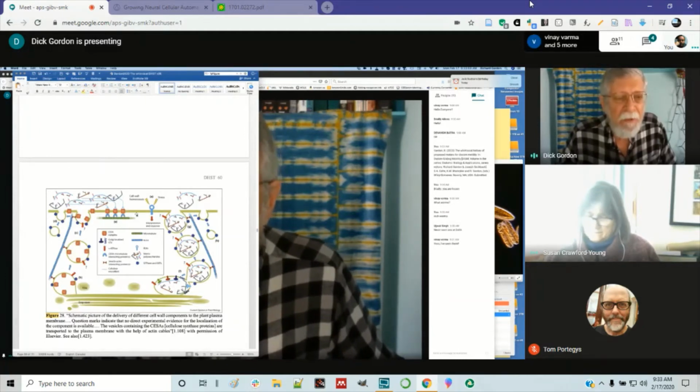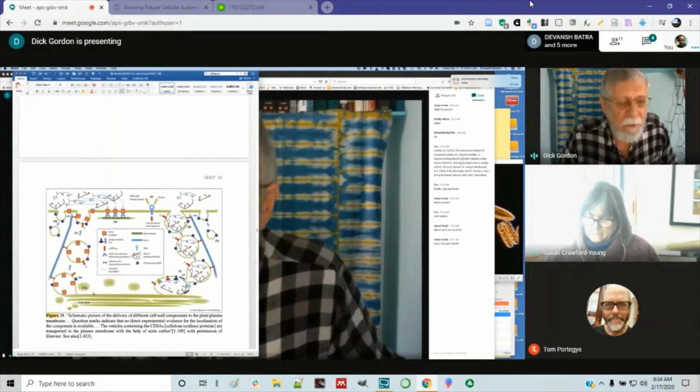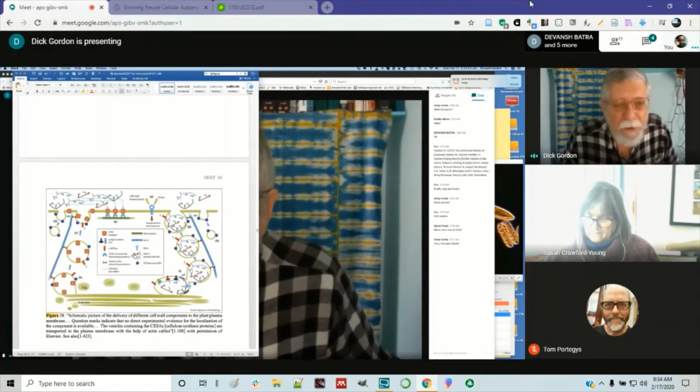So there should be raphan synthase molecules. Now, for cellulose, things are a little complicated. The cellulose synthase is synthesized over at the Golgi apparatus, and then it is transported by myosins along actin filaments up to the membrane.